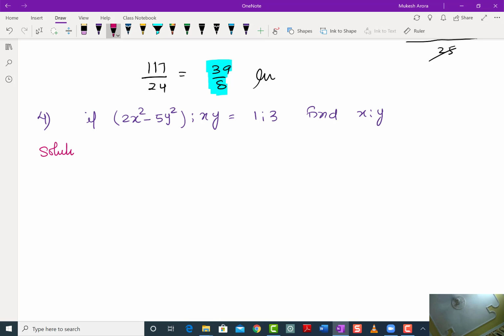Solution. So first of all we'll write it: 2x square minus 5y square upon xy is 1/3.